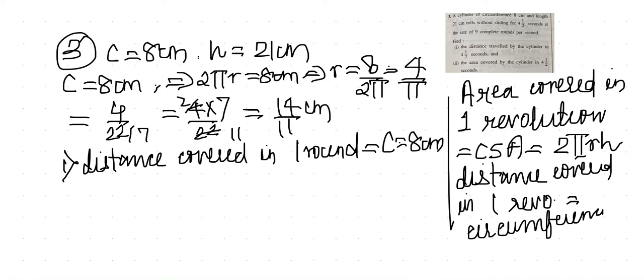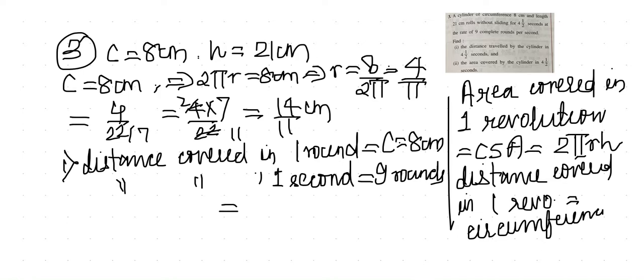Distance covered in one round is 8 centimeter, children, and in 1 second it is taking 9 rounds. So write down distance covered in 1 second is equal to 9 rounds, which is 9 into 8, equal to 72 centimeter.